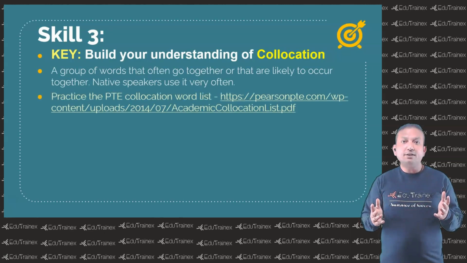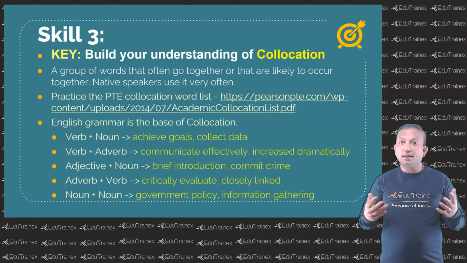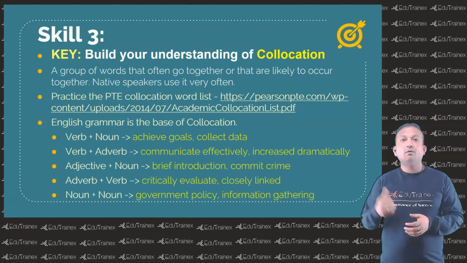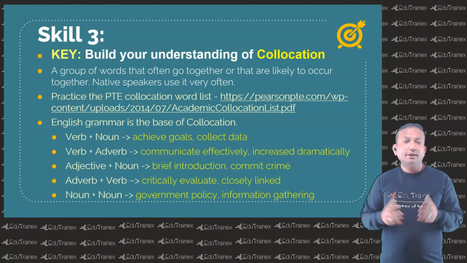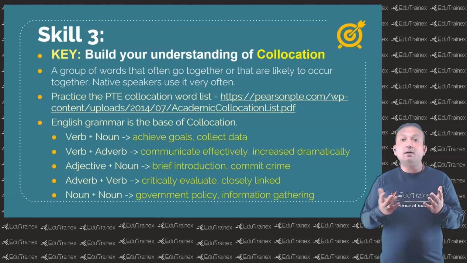It can be a combination of a verb and a noun, like achieve goals or collect data, or a verb and adverb, like communicate effectively, increase dramatically. The other combinations of collocation can also include adjectives and nouns together, like brief introduction or commit a crime.